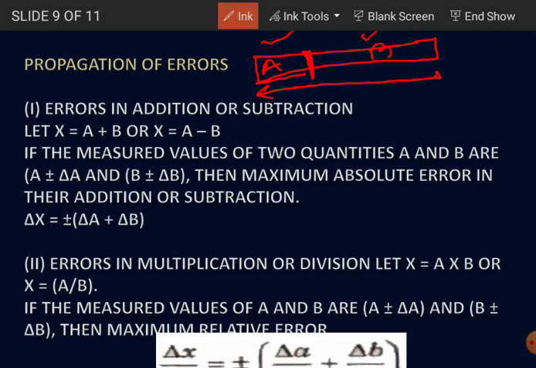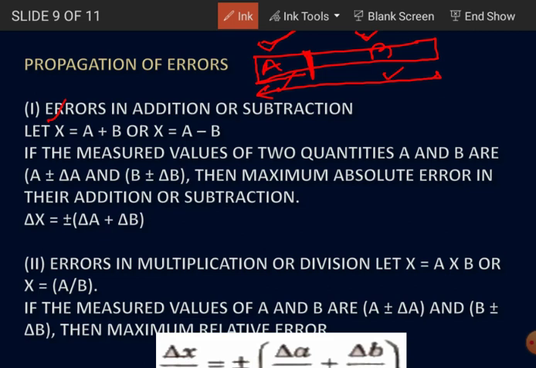Then you need to find the absolute error in the first measurement and the absolute error in the second measurement, so that the sum of these two quantities A and B gives you x.